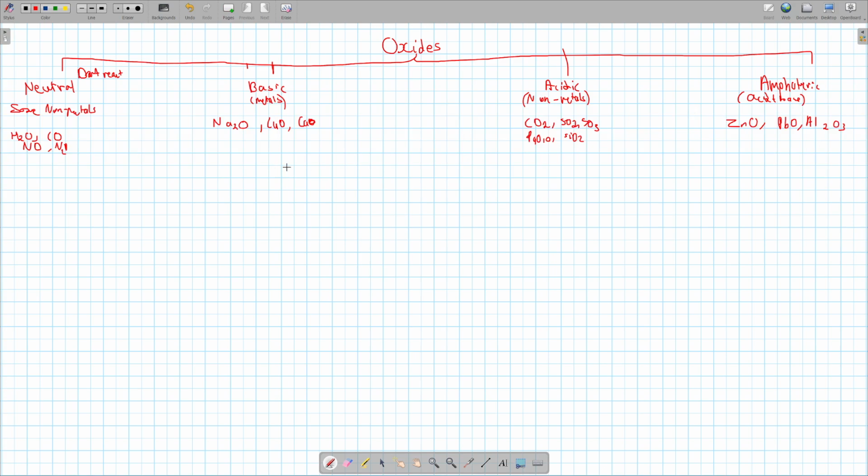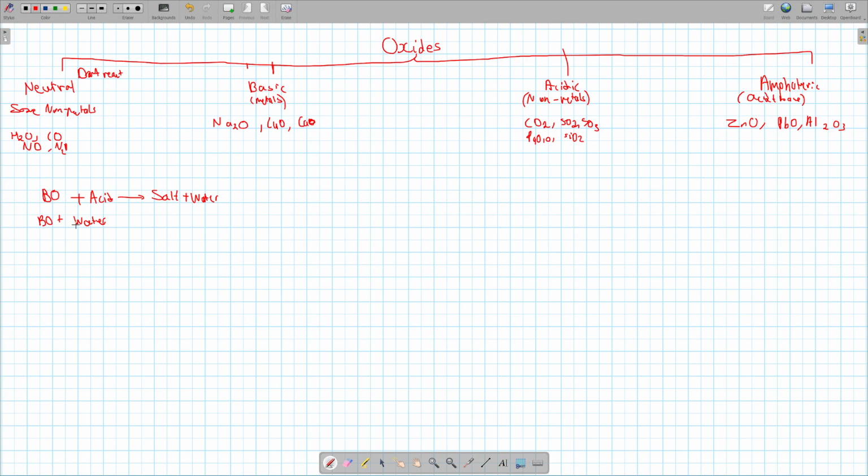So the neutral ones don't react with acids and bases. How about basic ones? Basic oxides, what do they react with? They obviously react with acids to produce, like earlier, what happens when you react a base with an acid? Salt plus water. Basic oxides can also react with water.